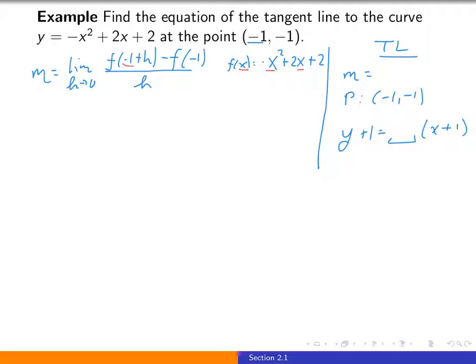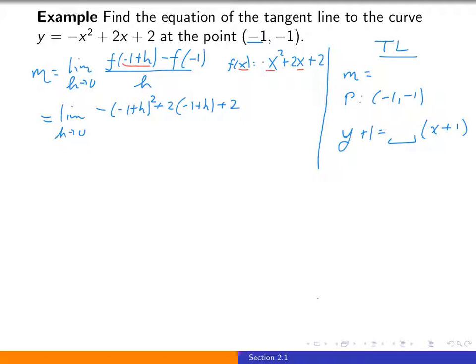So f of minus 1 plus h is going to be minus the quantity (minus 1 plus h) squared, plus 2 times (minus 1 plus h), plus 2. And that entire quantity there, these three terms, is f of minus 1 plus h.